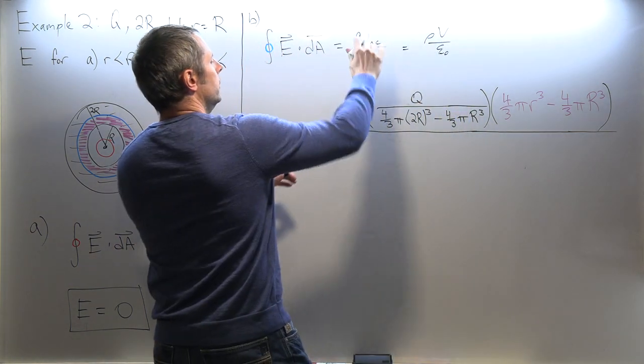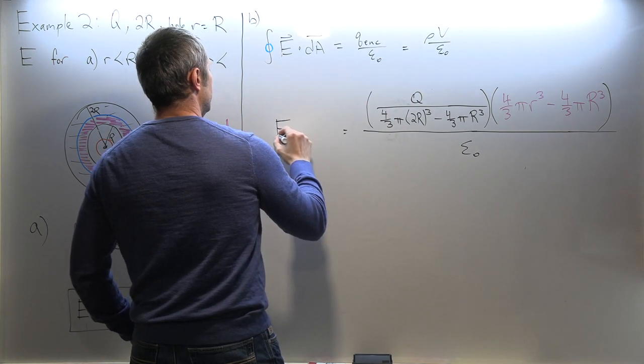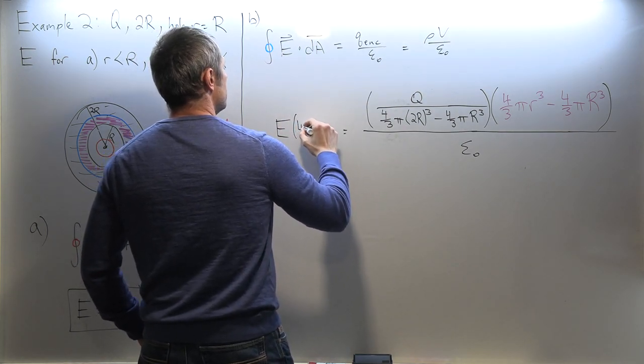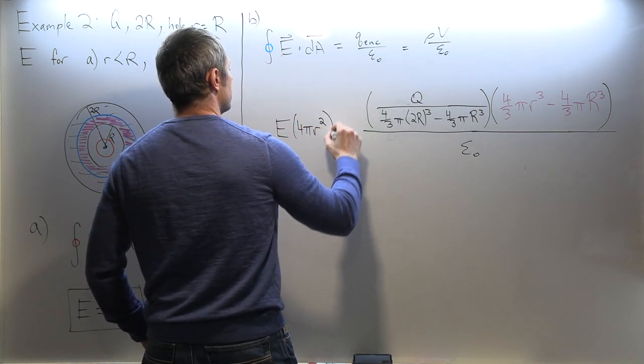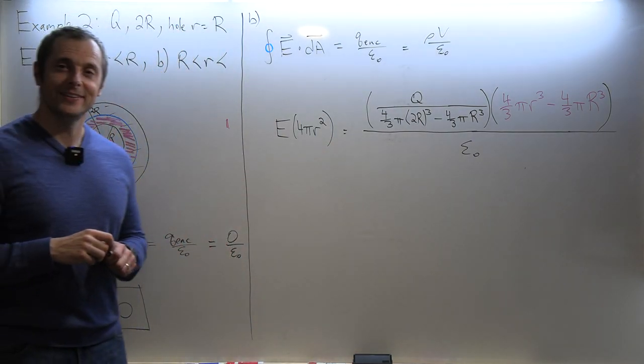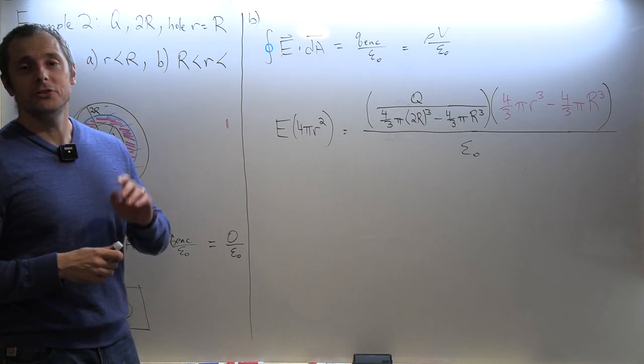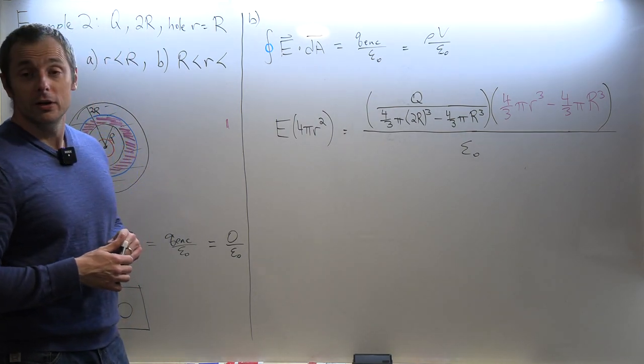Q enclosed over epsilon 0 equals E times area. So, pretty tricky, right? But you'll master it, I'm sure. Now what we just have to do is some algebra.